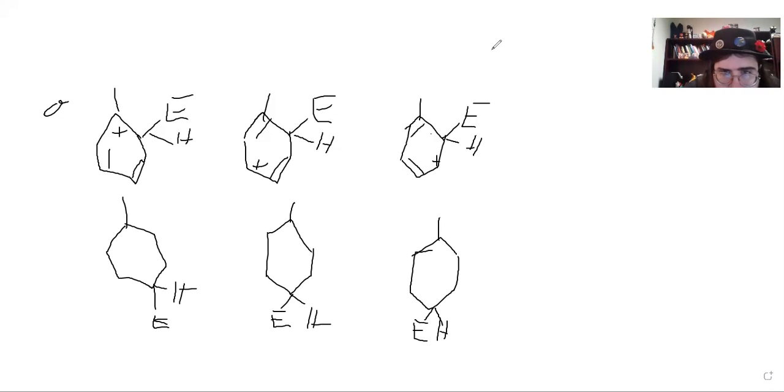So in this case, I'll put the positive charge here. In this case, positive charge here. Bam. And positive charge here. One of these 3 structures has the positive charge attached to the methyl group.